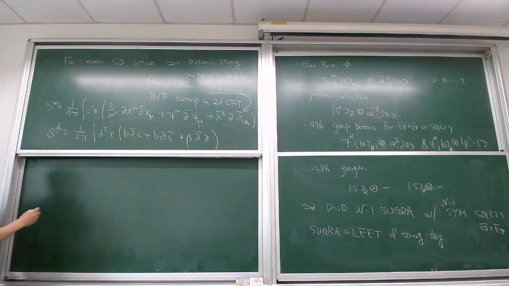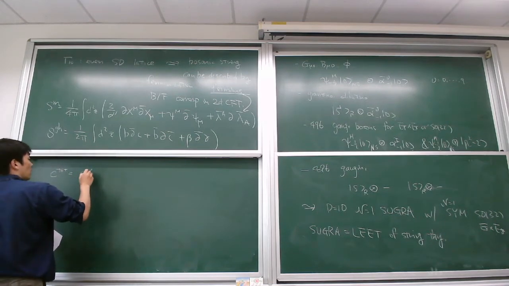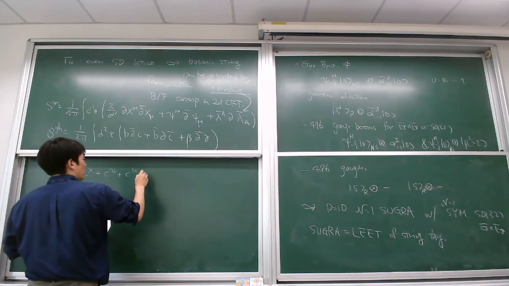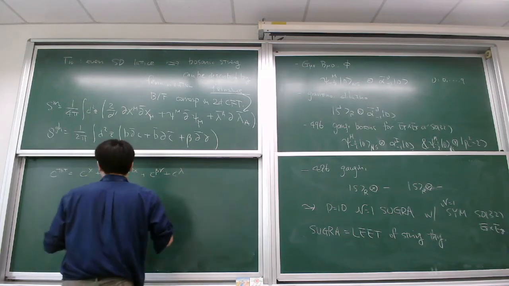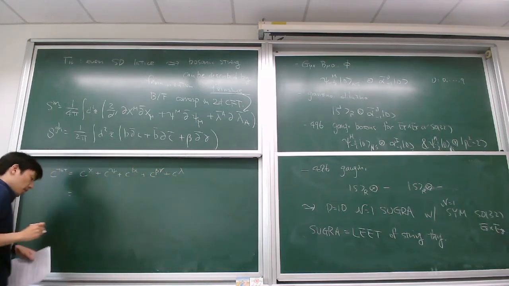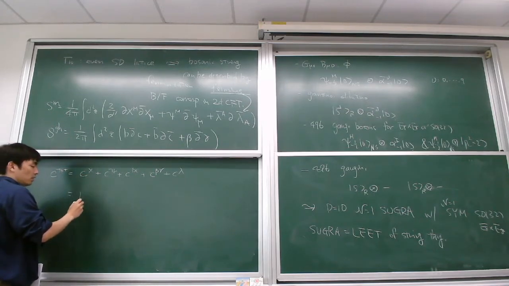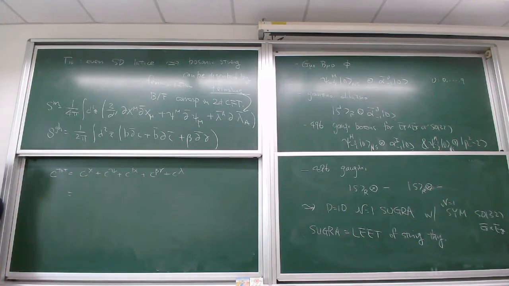Then let's compute the central charge: C of X, plus C of psi, plus C of BC, plus C of beta gamma, plus C lambda. And what is C of X? What is the central charge of a single boson? 1.